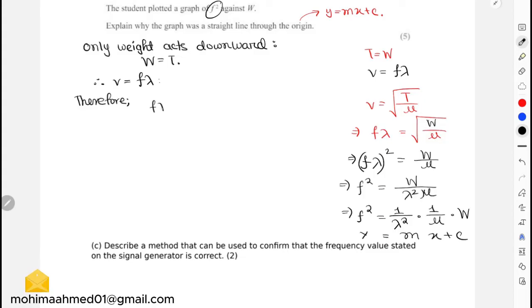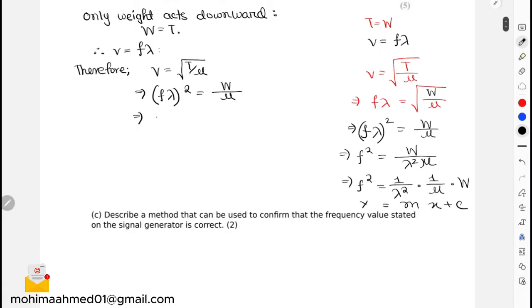Therefore, I should write the original equation first. v is equals to root of tension over mu, which is basically going to be f lambda whole square is w over mu. And after that I can write f square is 1 over lambda square, 1 over mu. I can write directly 1 over lambda square mu multiplied with weight plus c. So plus 0 over here.